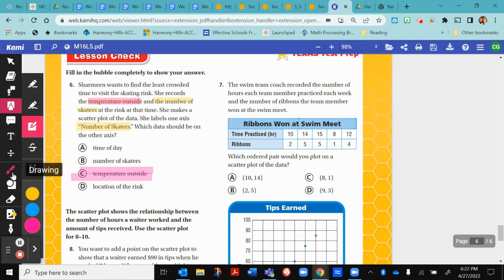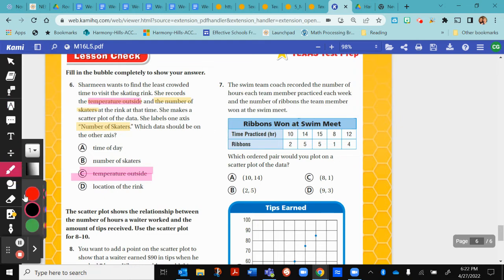Okay, so let's take a look. I'm going to circle. Remember that this is X, and this is Y. So which one would you end up plotting? Okay, I'm looking for a 10-2. Do you see that on here? No. Do you see a 14-5? I don't. Do you see a 15-5?